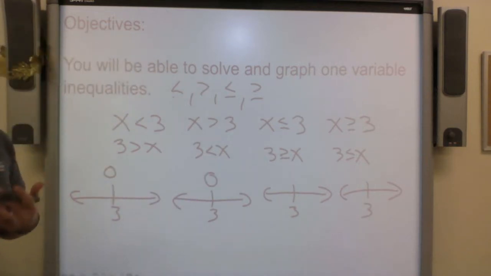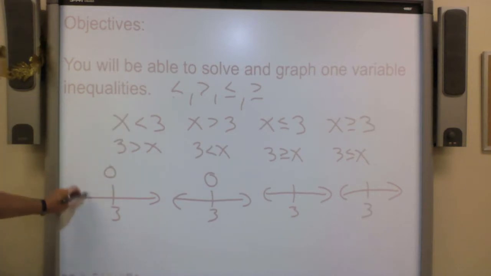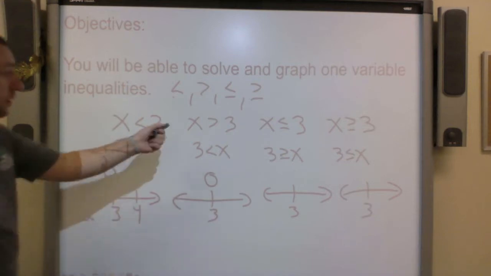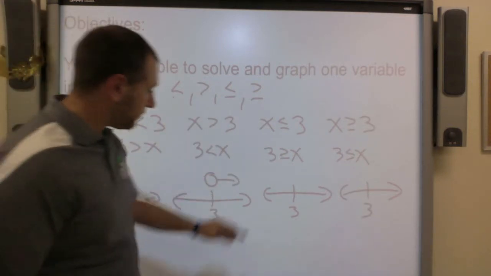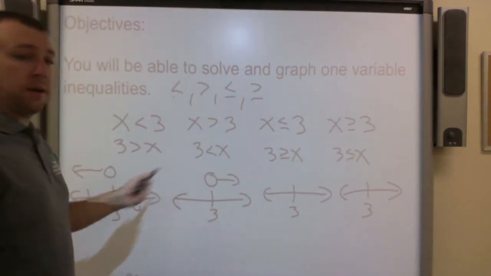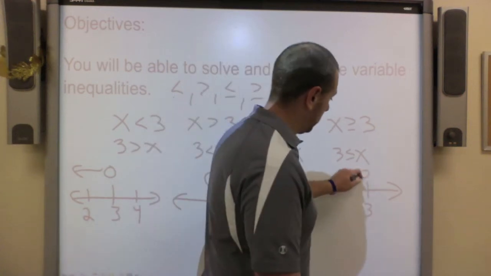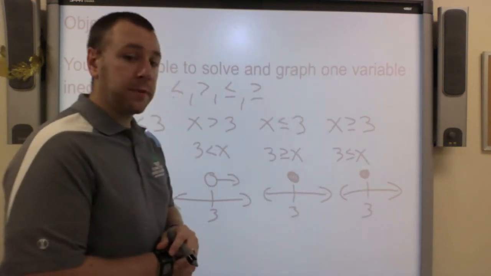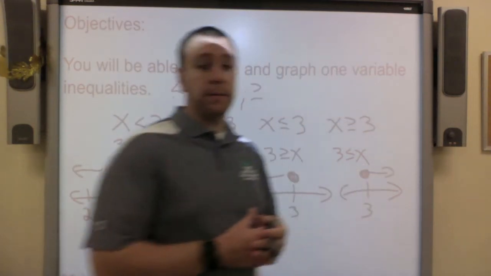And they point however you read it. So x is less than 3 here. So 2's over here, 4's over here, it's going to point this way. While here, x is greater than 3, and it's going that way. Here and here, they're going to point in the same direction, but the circles are going to be closed.